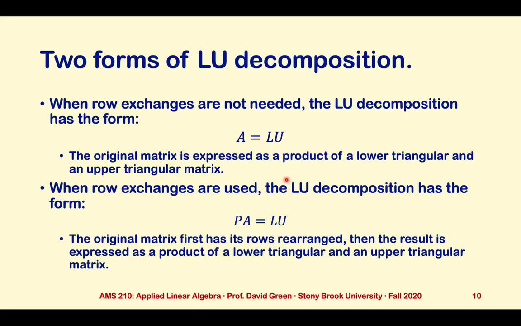The idea is that we first rearrange the rows of A to get it into a form where we can apply Gaussian elimination without row exchanges, and then factor that result into L and U. This is where we are going.